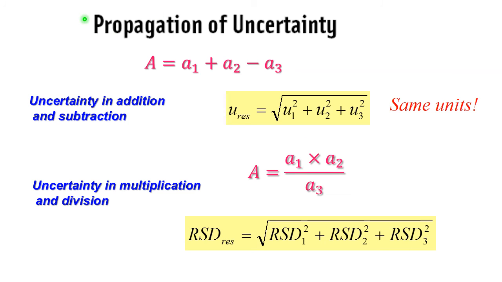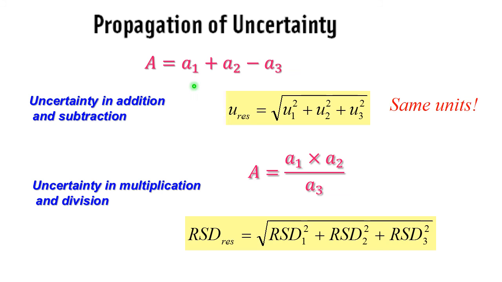So when we do some simple arithmetic operations, how does uncertainty change? If you add or subtract numbers, first, they should have exactly the same units. You cannot add milliliters to liters or seconds to hours. You need to use the same units.